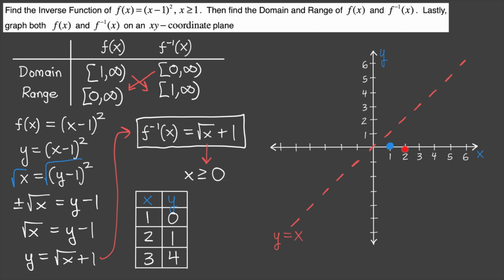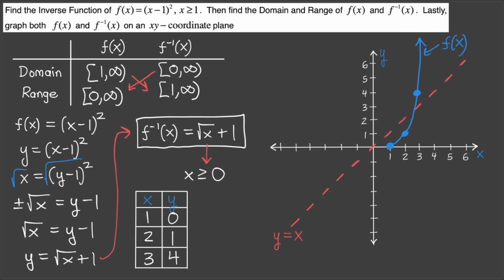So right 2, up 1, just right there. Next is 3, 4. So we go right 3, up 4, which is like right there. All right, and then we draw our half parabola. So there is our graph of f of x. So I'll go ahead and label that. So that's f of x.